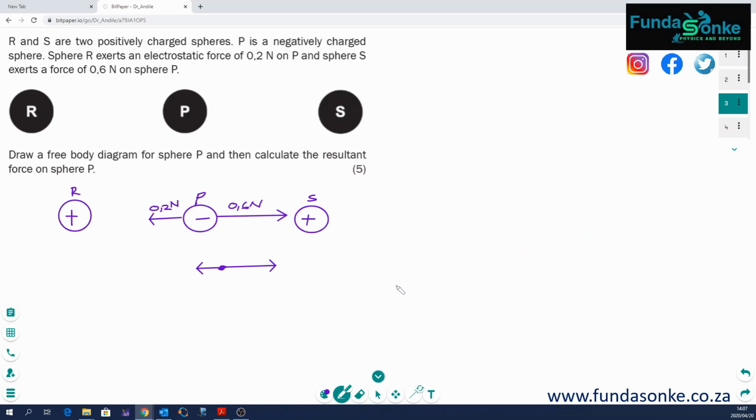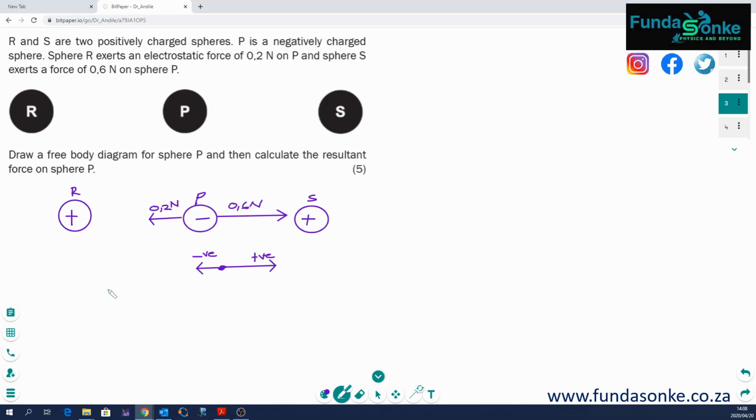Then in this case, we're going to consider the force acting to the right to be positive, which means the force acting to the left will be negative.